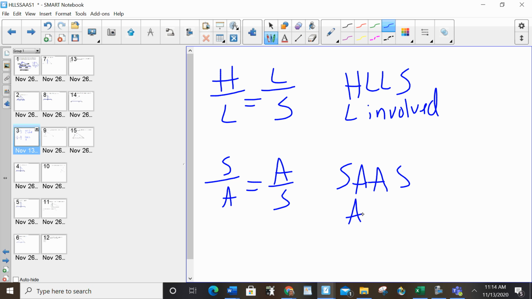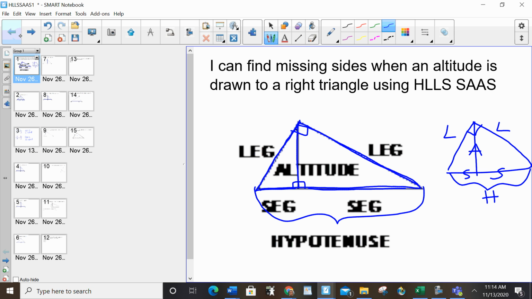If there's an A involved, I'm using SAS. We don't go by the S or the H because the S's and the H's is the same thing. The S's make up the H, but the L and the A have nothing to do with each other.